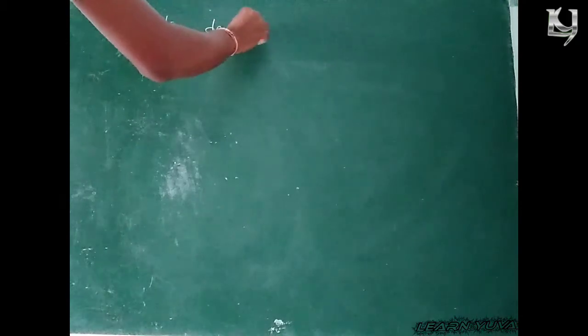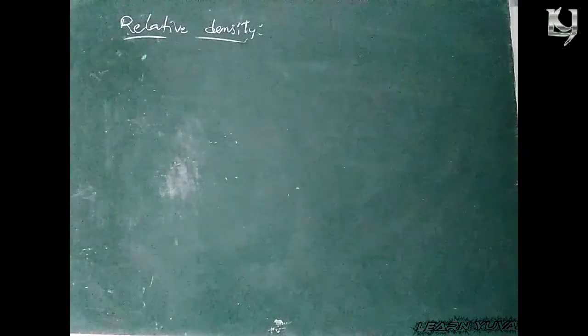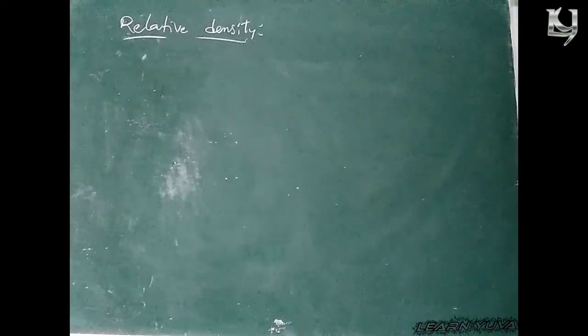So relative density is nothing but relative. The name itself has the term relative. This is relative to the density. So if we compare two substances, there must be a relation between the densities of the two objects.